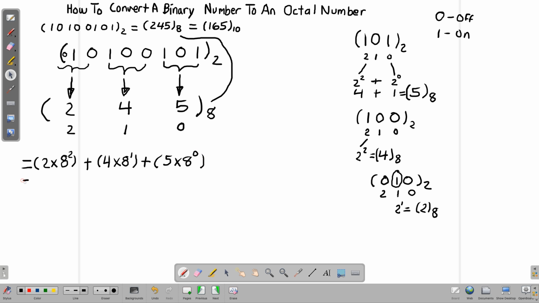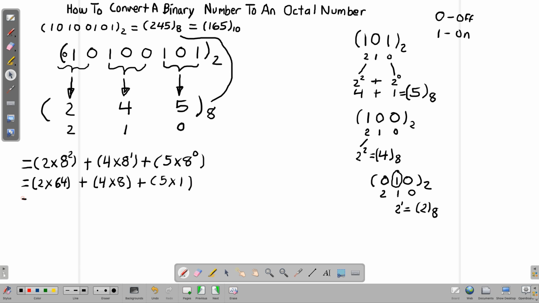And let's compute. So we have 2 times 8 to the second power, which is 64. And then we have 4 times 8. And then we have 5 times 1, because anything to the 0th power is 1.